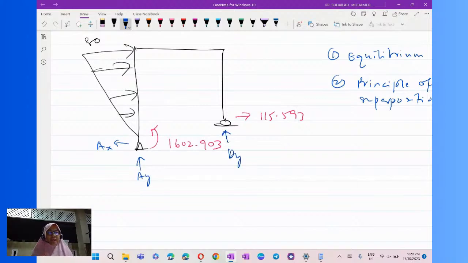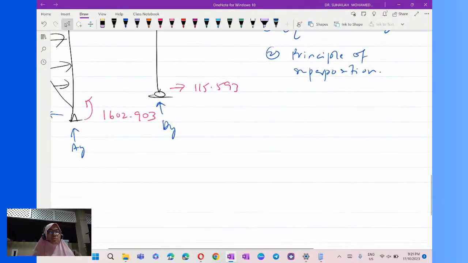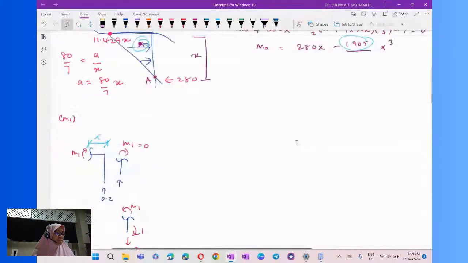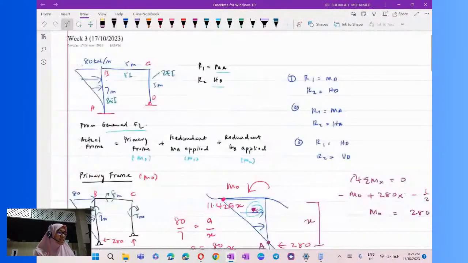We want to calculate these three remaining unknown reactions, and I want to show how we can calculate them using the principle of superposition. Remember, when using the principle of superposition, we have to refer back to the general equation. This is the general equation.